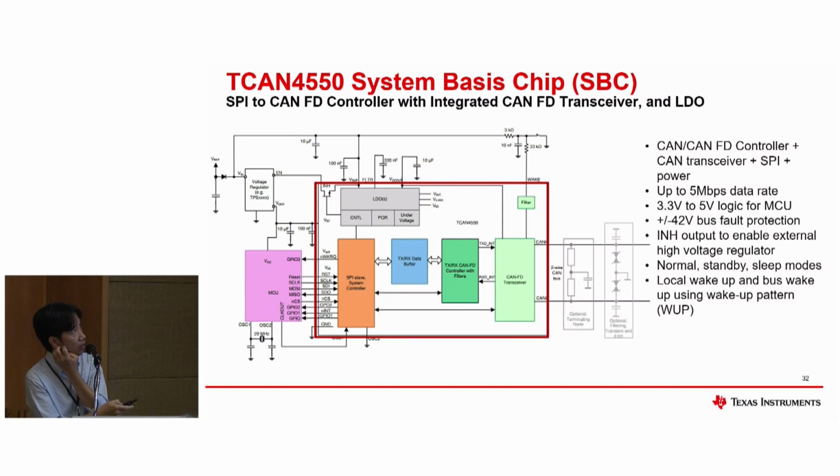So this is one of the TI SBC devices, TCAN4550. It has an integrated LDO, a CAN FD transceiver, and also a system interface here. So this is one of our CAN SBCs.